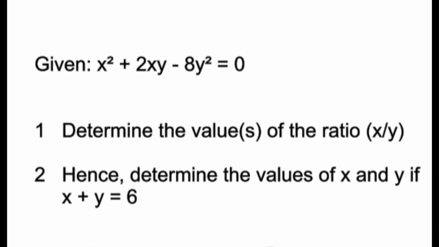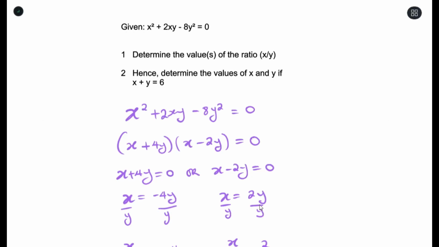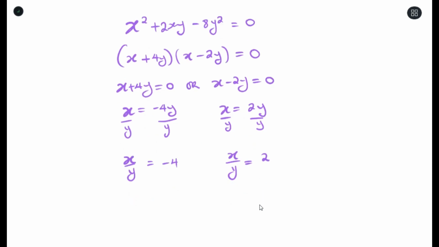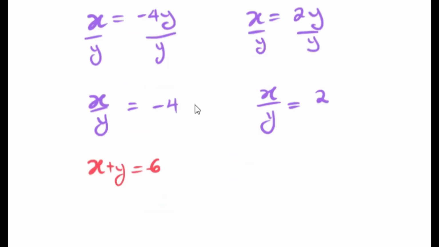Determine the values of x and y if x plus y is equal to 6. We are also going to use simultaneous equations for this, but we will work with them independently. So we have x plus y is equal to 6. We'll take that as equation 1 and the ratio as equation 2.